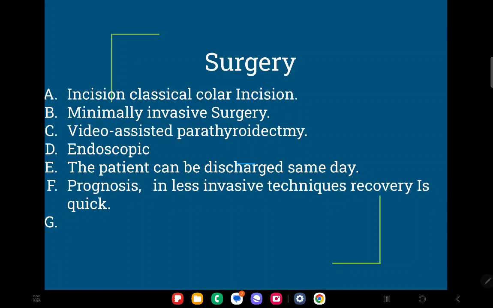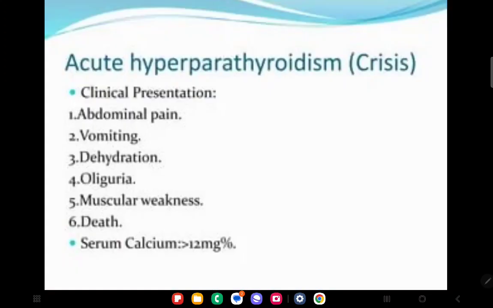Prognosis: in less invasive techniques, the recovery is very quick and it is a simple operation. We said hyperparathyroidism can be mild, moderate, or severe.